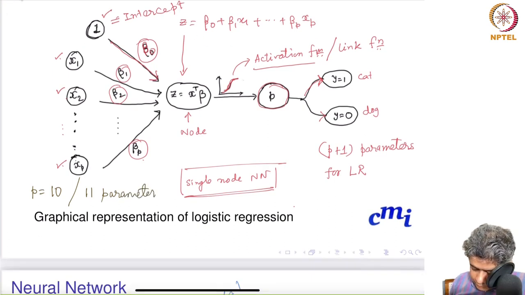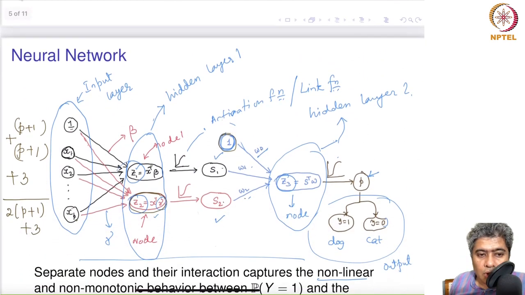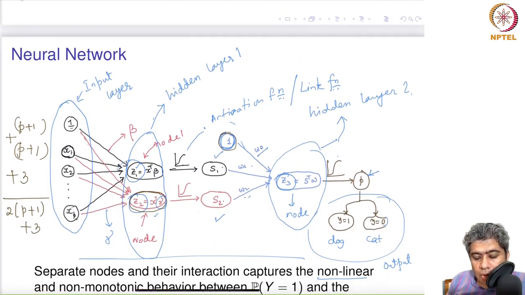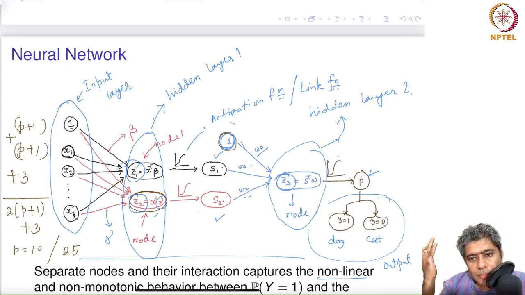Now if you have a simple neural network with only 2 hidden layers, 2 nodes in the first hidden layer and only 1 node in the second hidden layer, then with p equal to 10 you have 22 plus 3, 25 parameters. Immediately a jump in the number of parameters. You can see, boom, your number of parameters just more than doubled.